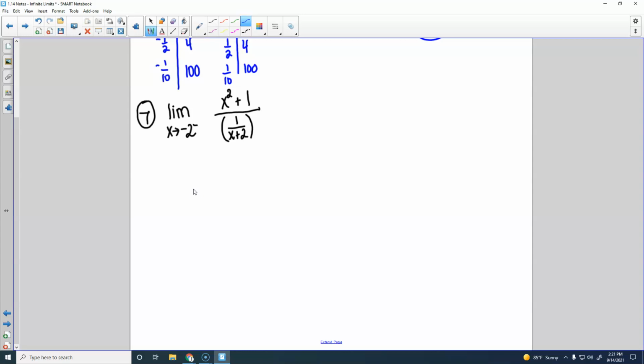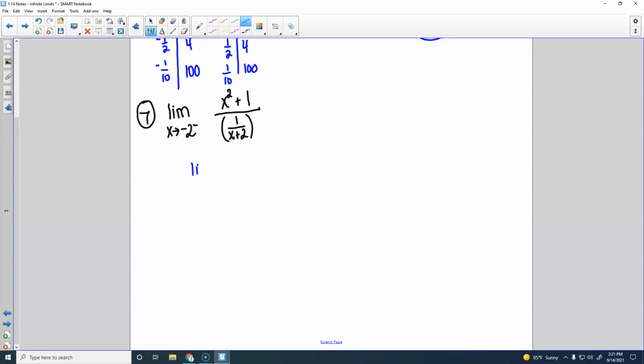All right, so if we plug in -2, we're going to get a 0 in this denominator right here. But we do have a 5 in the numerator, so it's like 5 over 1 over 0. But you're getting that undefined here. So with limits, we can take the limit of a numerator and denominator separately.